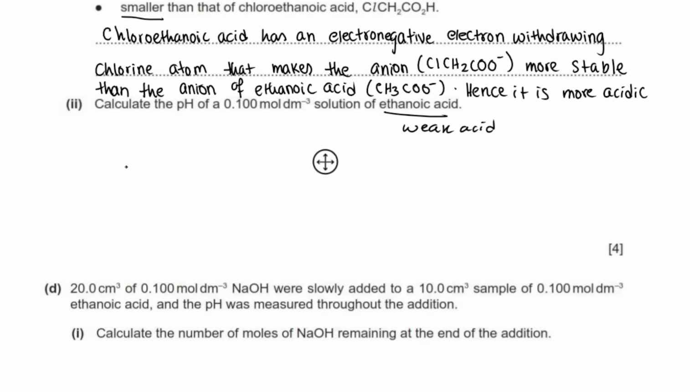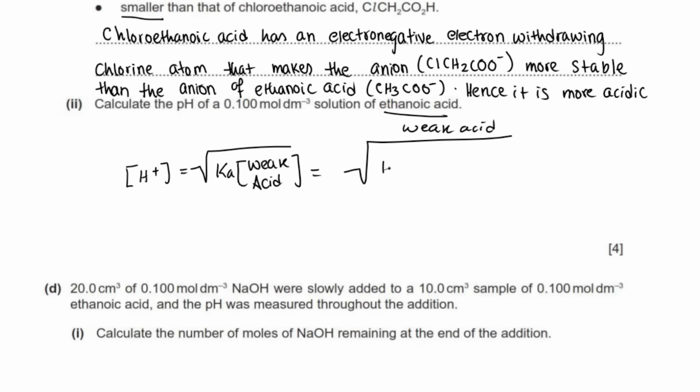So first, let's calculate the hydrogen ion concentration, which is Ka into weak acid concentration, which will be 1.75 times 10 to the power minus 5 into 0.1, which will give us 1.32 times 10 to the power minus 3 mole per dm cube.